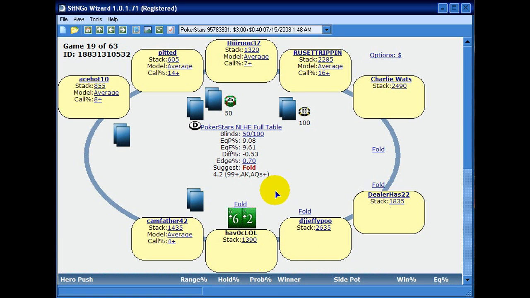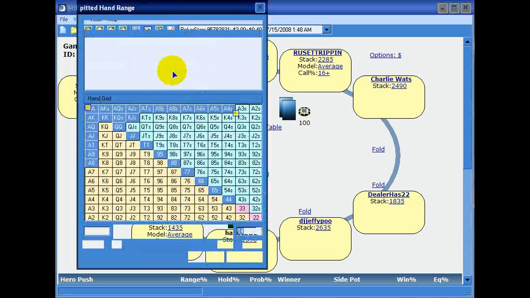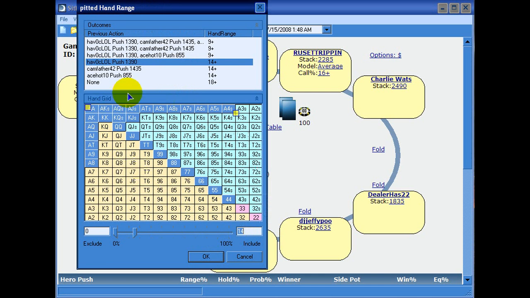Now, what happens here is if we open push for 14 big blinds, Sit and Go Wizard has a model for how wide people are calling us. Of course, this model is not always correct. I'm not inclined to believe that he's calling us with fours through to aces, as well as hands as bad as Ace-8 offsuit, and hands as bad as King-Jack suited.